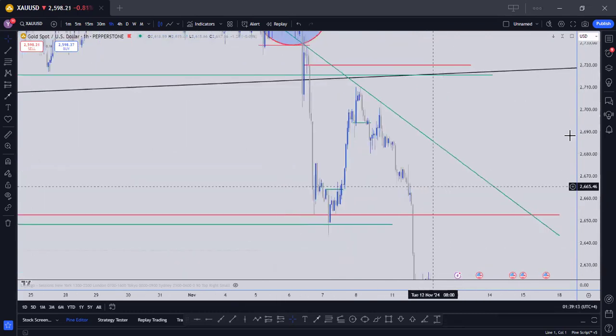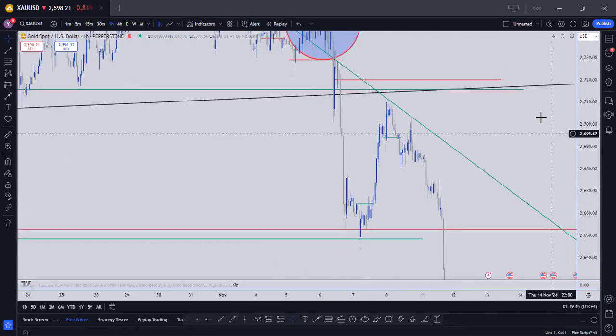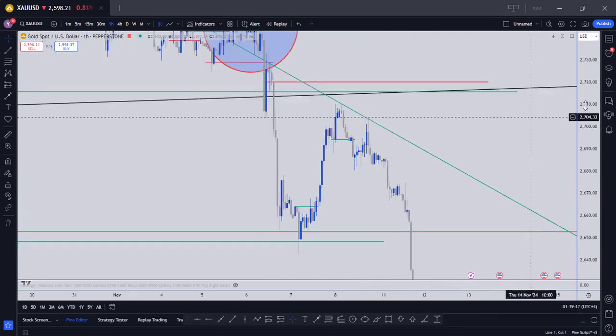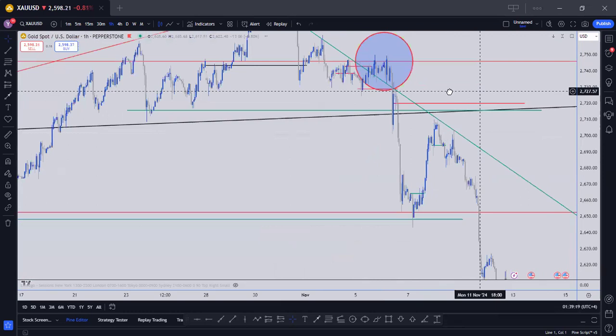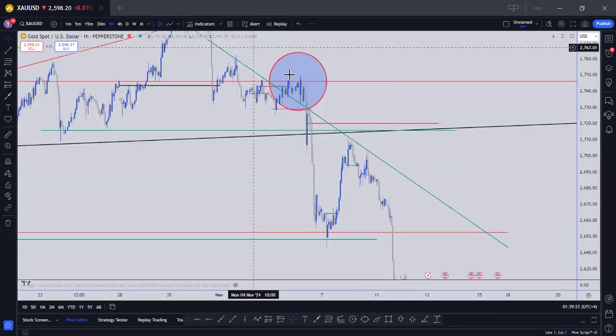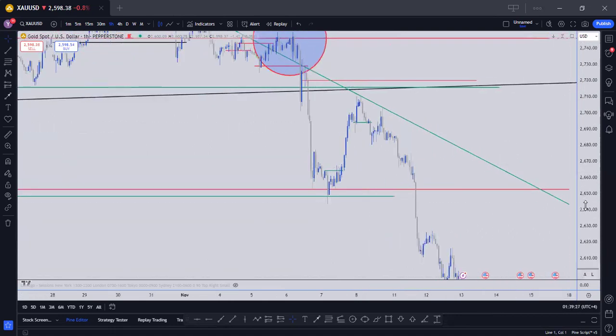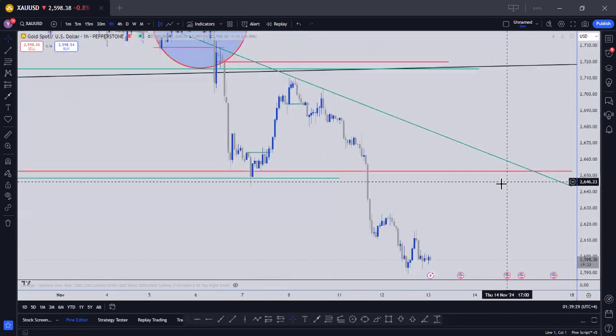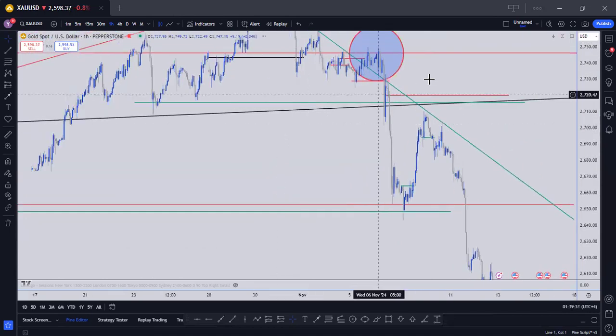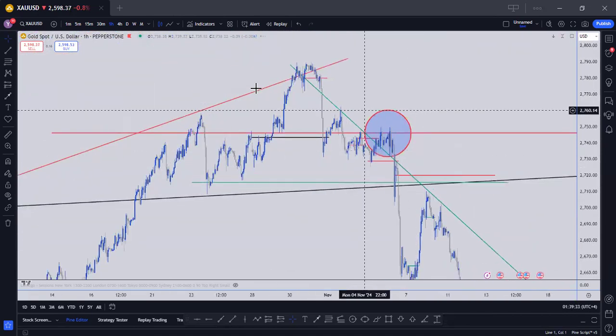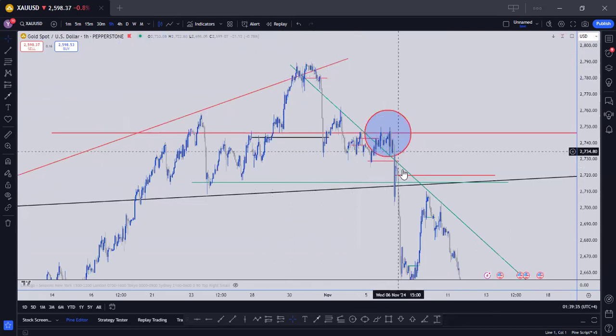And the results of the elections give us information that the price is in a bearish move, right? It's a negative for the gold. So you just need to follow the bearish direction. Why? Because the direction on the monthly and on the weekly is bearish.